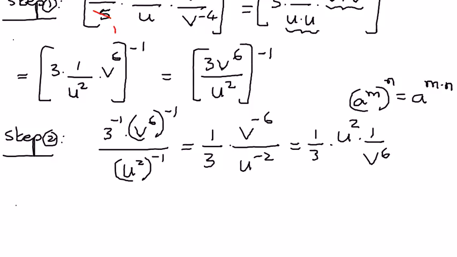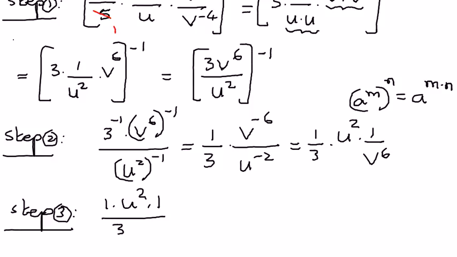So therefore, in step number 3, we can put all of these together and write this as 1 times u to the power of 2 times 1 divided by 3 times v to the power of 6. Therefore, we can write this as u to the power of 2 divided by 3 v to the power of 6, and this is where we want to leave it.